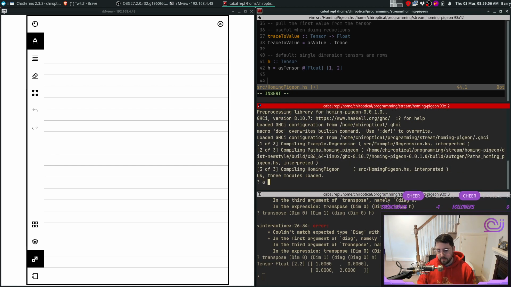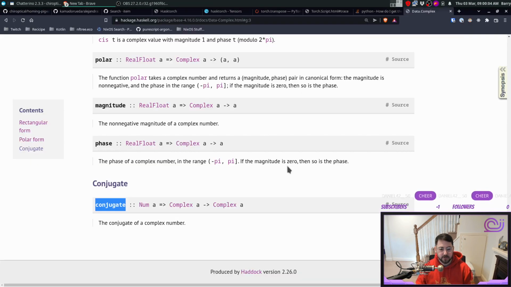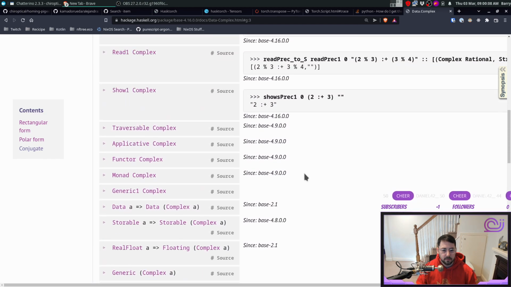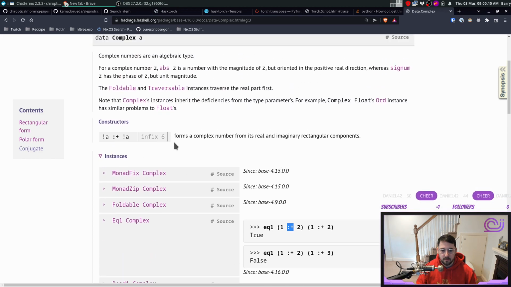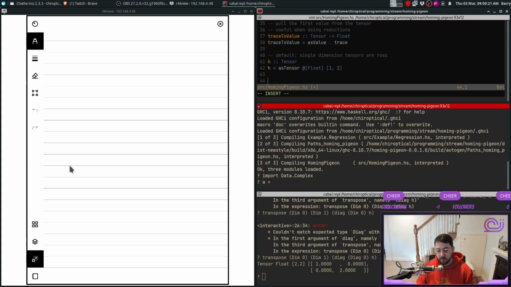So if we had import Data.Complex, and then we say A equals, I actually don't know how to make one of these things. How do I make one? Okay, so I'm guessing the imaginary component is on the right, I would assume.